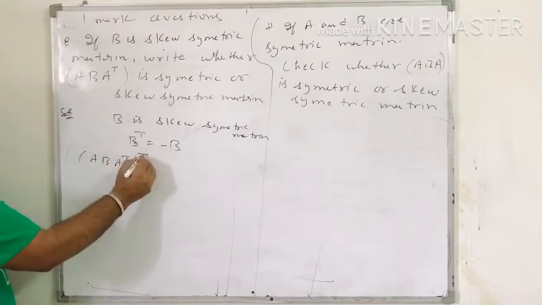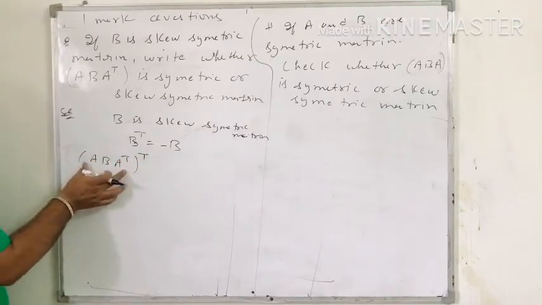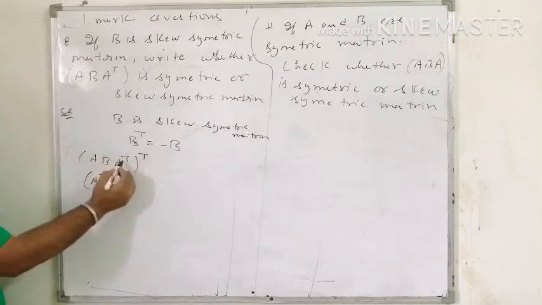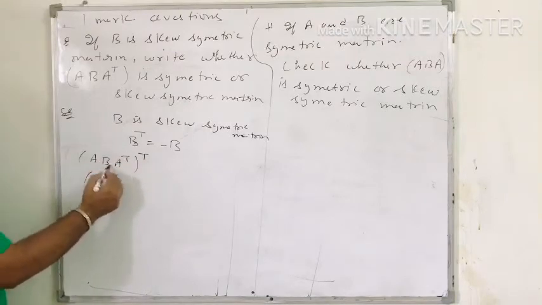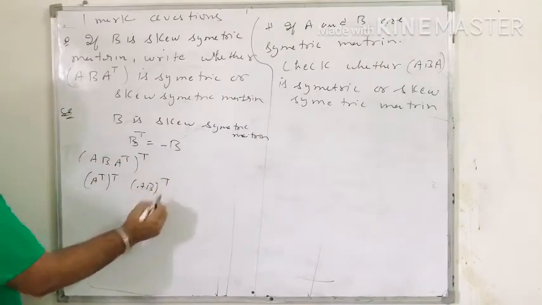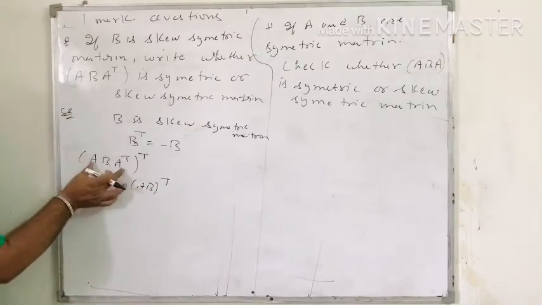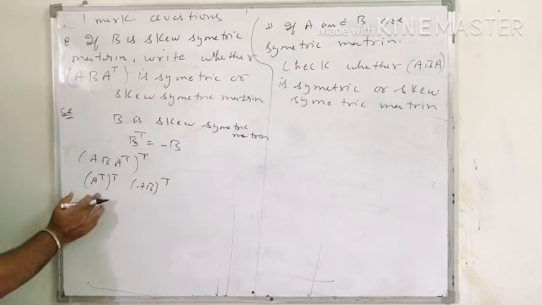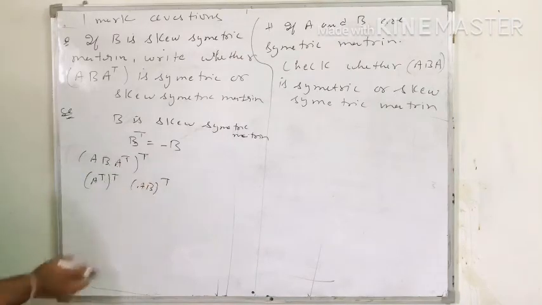We take the transpose of this whole equation. This becomes A transpose into A transpose, and AB transpose. So we split this equation into two parts: A transpose into A transpose, and AB into transpose.